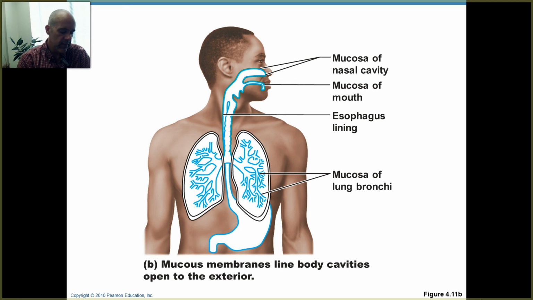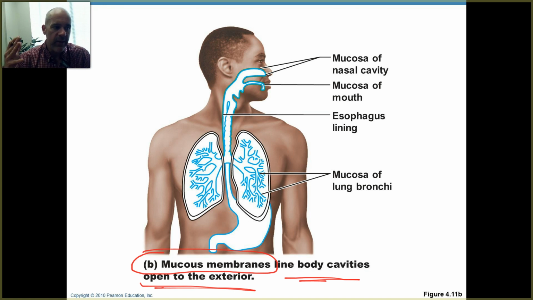Mucous membranes, this is likely to be a new one for you. This is something you want to learn: mucous membranes line body cavities that are open to the outside. So anywhere in the body where you have a space and somewhere there is an exit to the outside, those spaces are going to be lined with a mucous membrane.